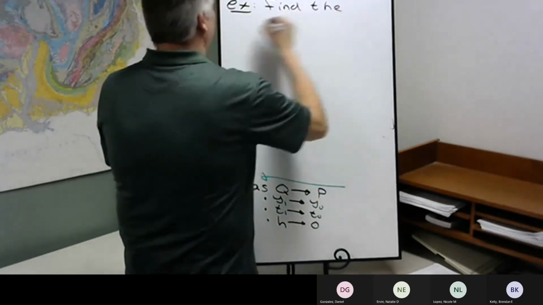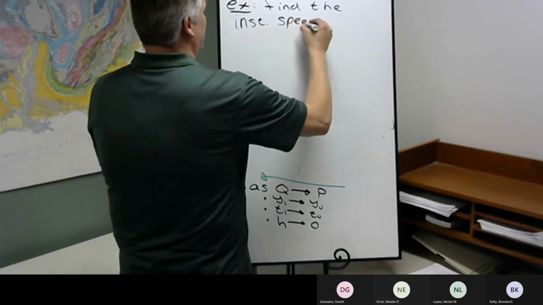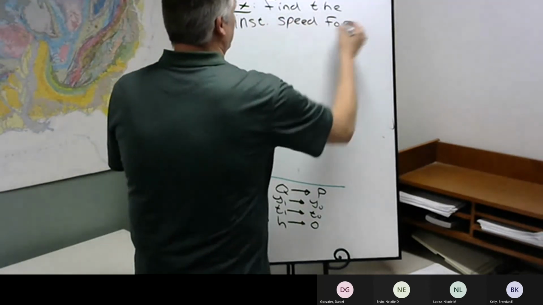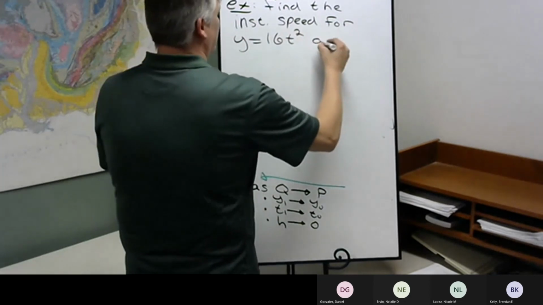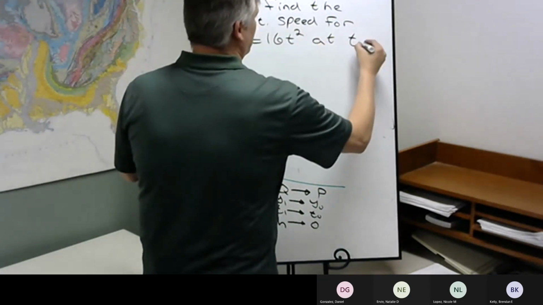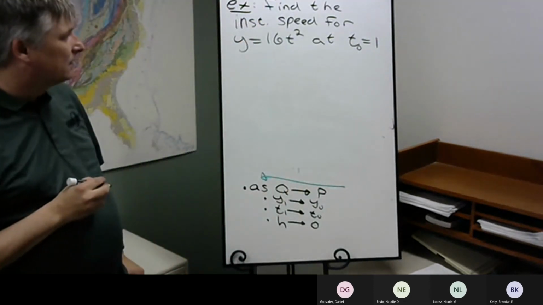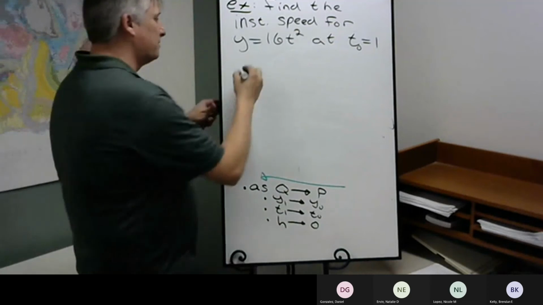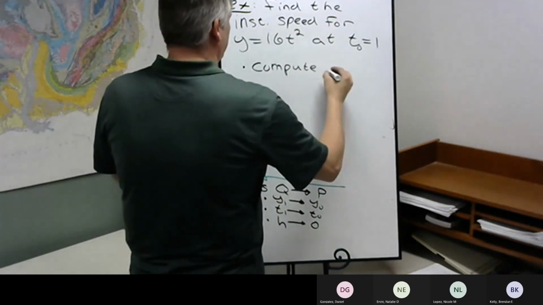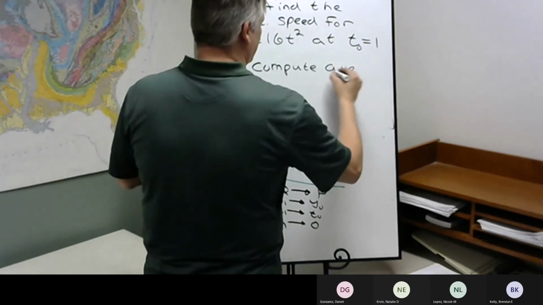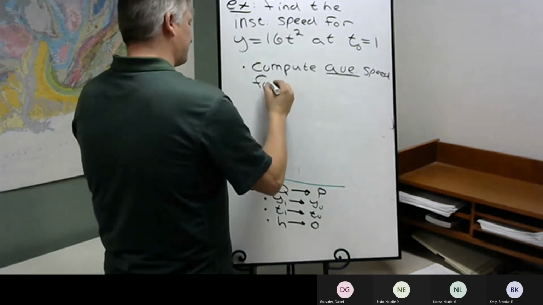Find the instantaneous speed for y equals 16t squared at t0 equal to 1. What we do first is compute the average speed formula.